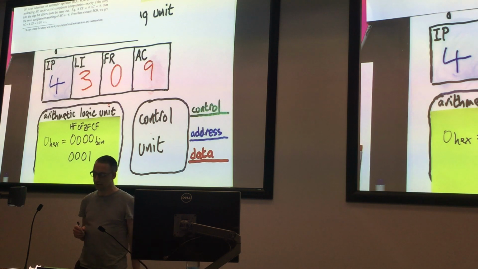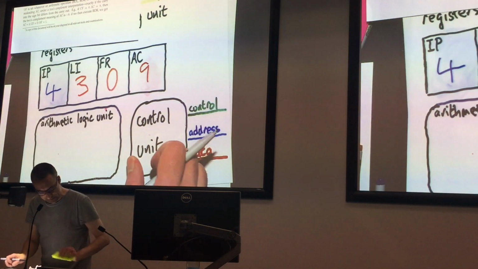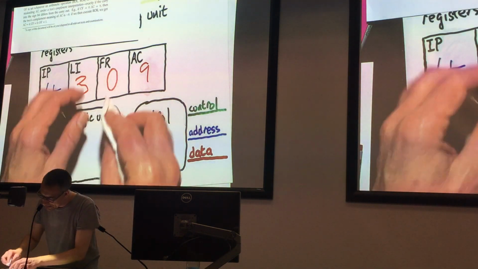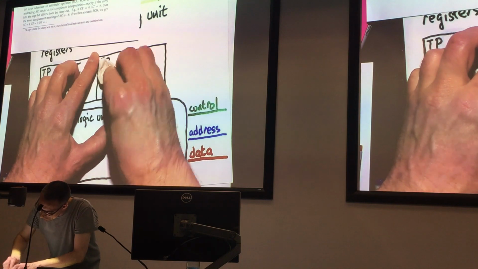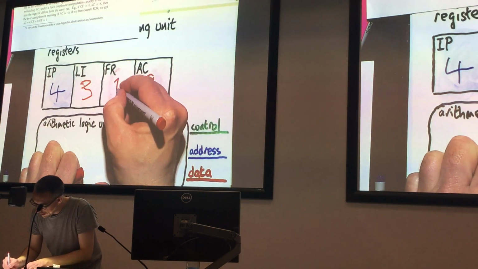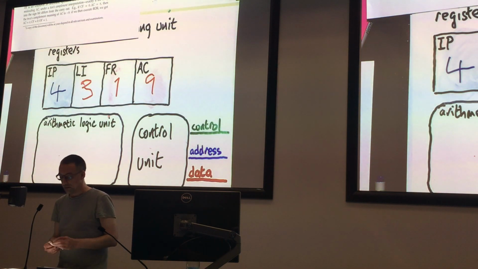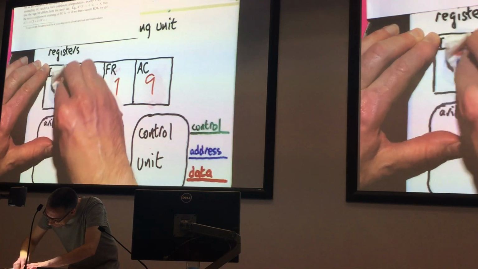Can you convert this to hexadecimal for me? It's a whole exciting one, isn't it? So that means the flag register becomes 1, and then we have to update the instruction pointer. What does it become? It becomes 5 because there was no operand.